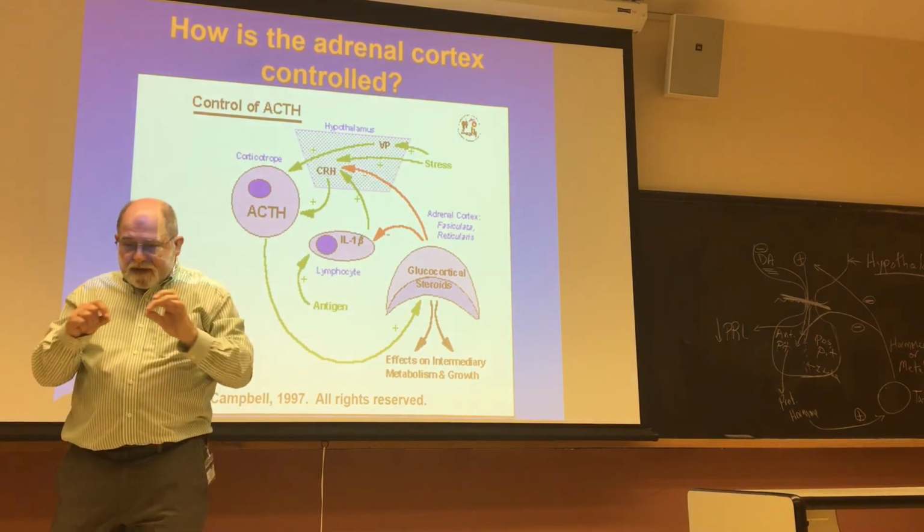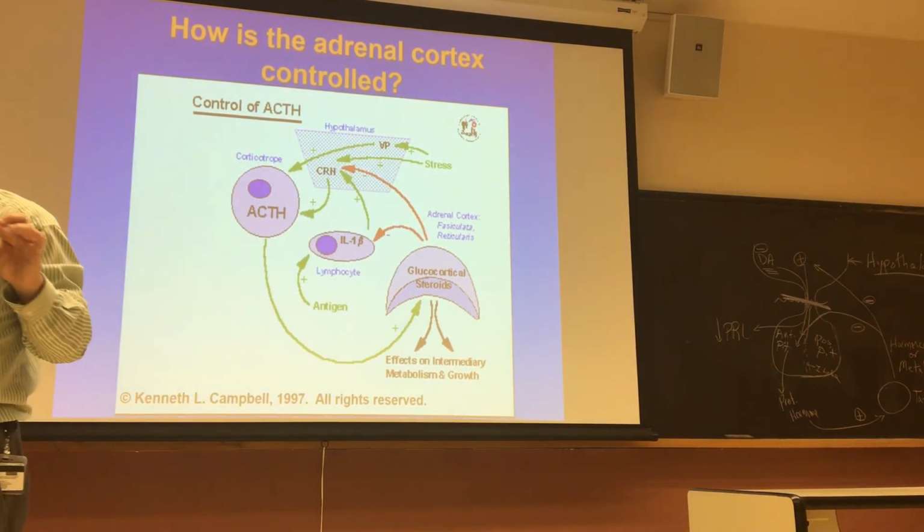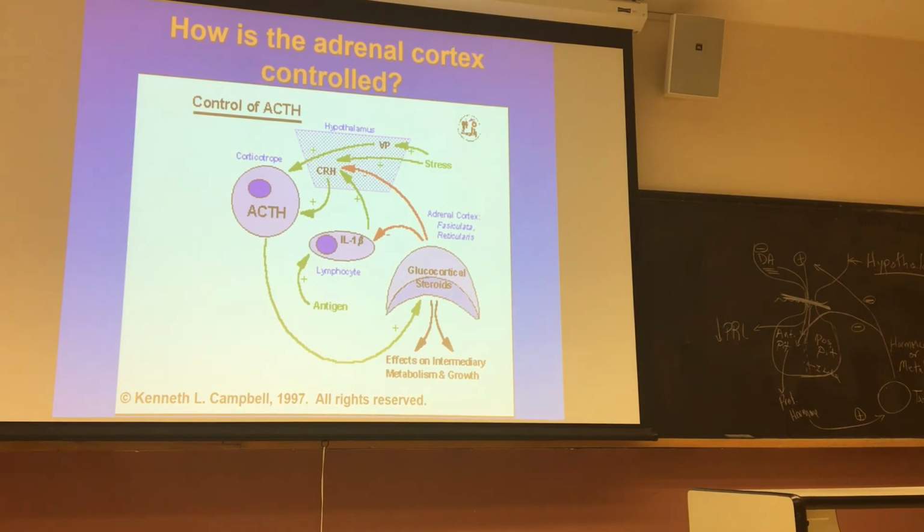One of the things you're going to see all along is that all these hormone systems, all these hormonal control loops, feed into or interact with other physiological systems. When we look at a physiological system in immunology, in endocrinology, in neurobiology, we use what's called a reductionist approach. We look at a simplified picture.